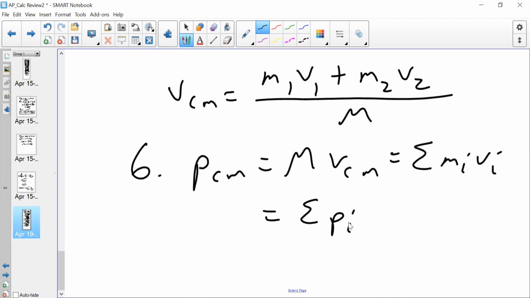The sum of all the individual momenta. So the total momentum of the system is the sum of all the individual momenta. And that goes back to our definition of momentum in the first place. The total momentum of the system is momentum 1 plus momentum 2 plus momentum 3, indicated by this.